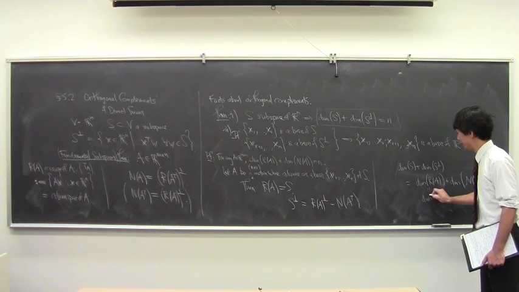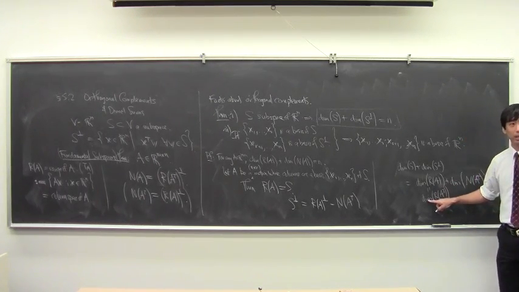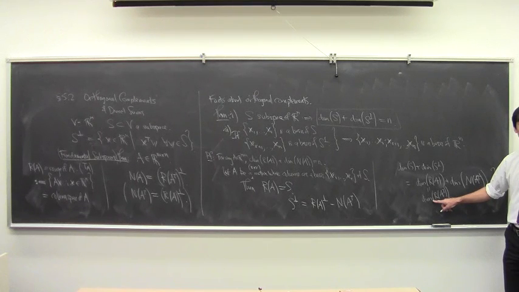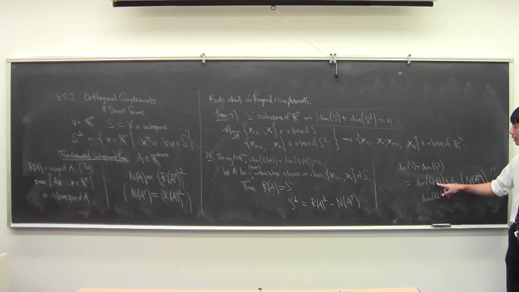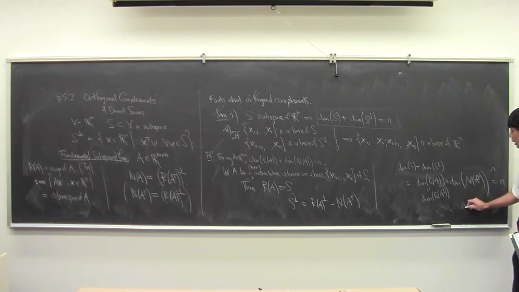We saw earlier that the row space and the column space have the same dimension. Now that's good, because A transpose is an r by n matrix, and so when you add these two things together, by the rank theorem, you get n.